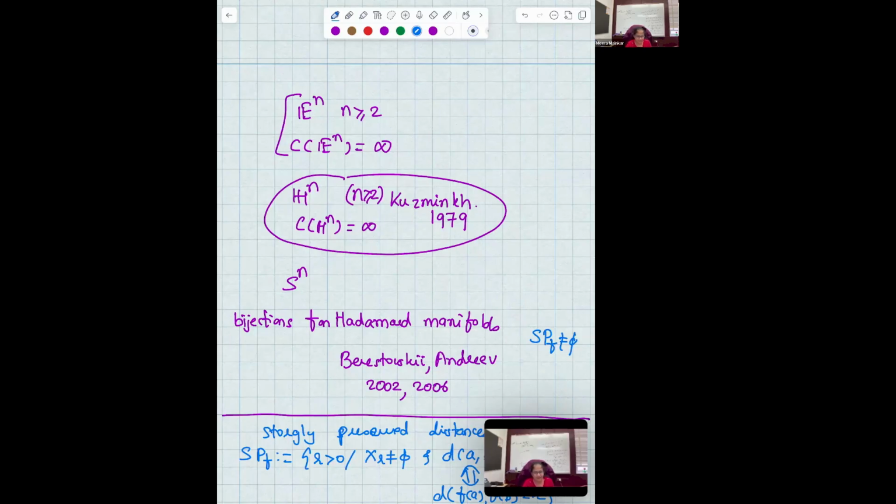That's the theorem, proven by Beretowski and Andrew. So Hadamard manifolds, with some hypothesis on F, have the preserve one, preserve all property.